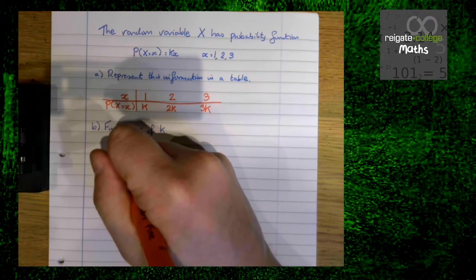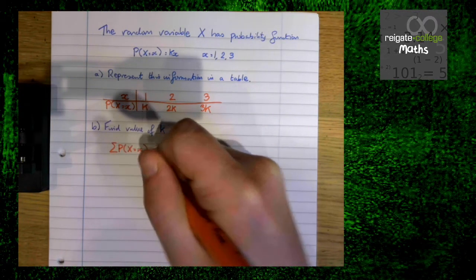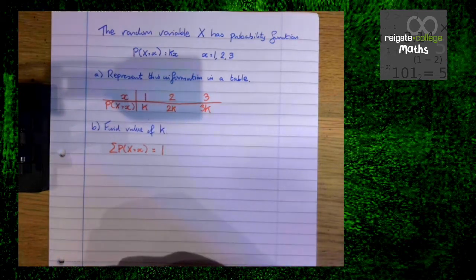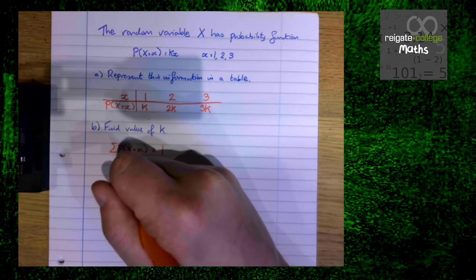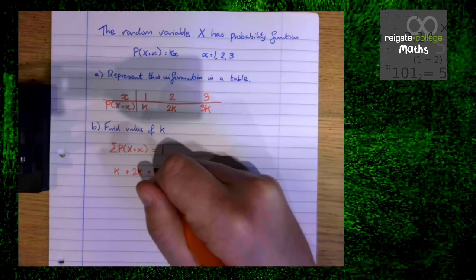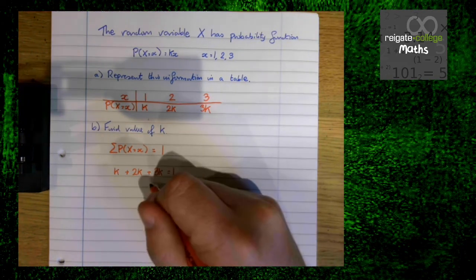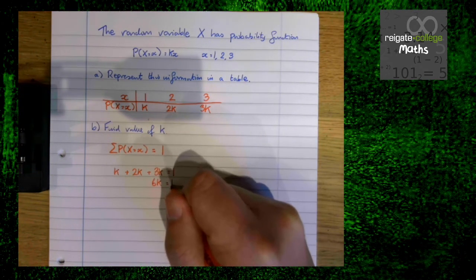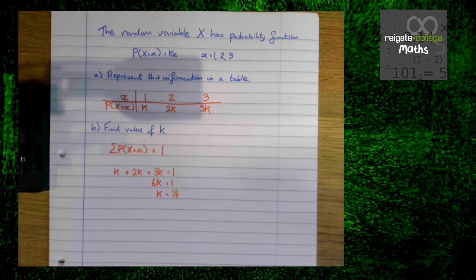The fact that the sum of all of the probabilities must equal 1. So we know that k plus 2k plus 3k has to equal 1. So k is a sixth.